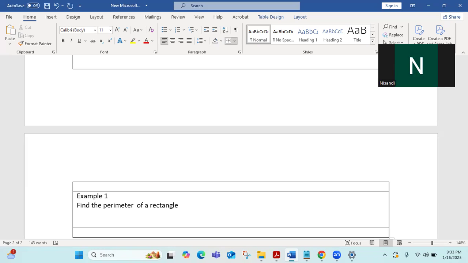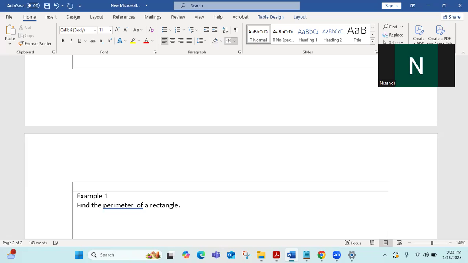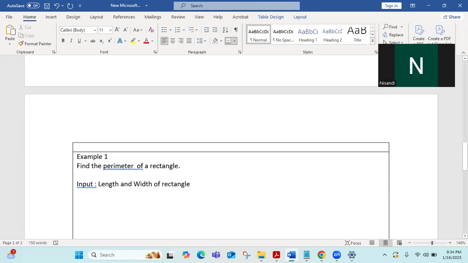If you want to find the perimeter for the rectangle, definitely you have to input the length and the width of the rectangle.